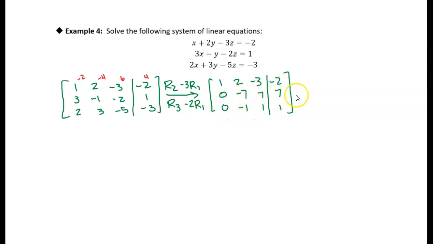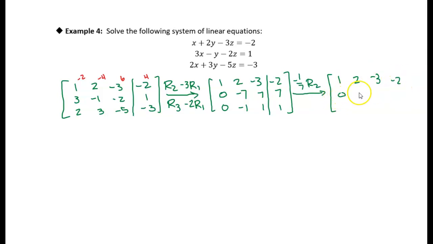Now, let's see. It looks like an easy thing to do would just be to take negative 1/7 times row 2, right? That would get me a 1 in the center there where I want it. So I'm just going to leave row 1 as it is. 1, 2, negative 3, negative 2.